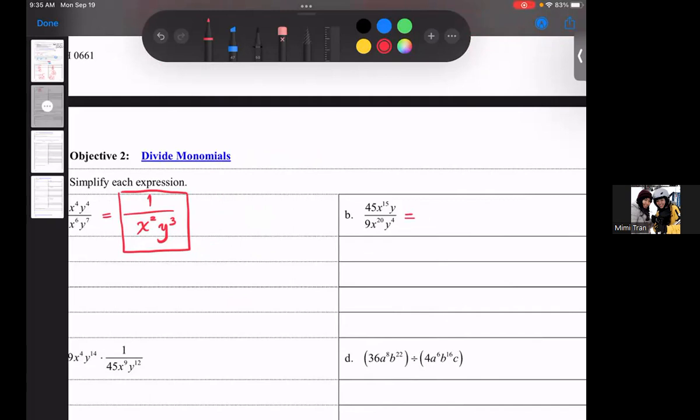So partial credit is your friend. 45 divided by 9 is 5, right? x to the 15, x to the 20, x to the 5th in the bottom. And then I got y to the 1st, and then y to the 4th, so y cubed in the bottom. And that's it. I'm done.